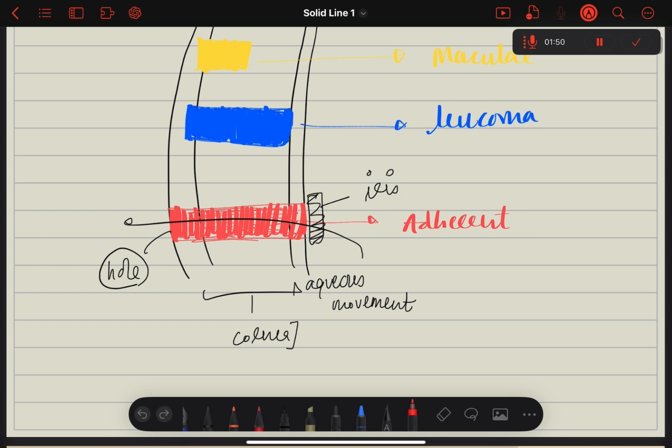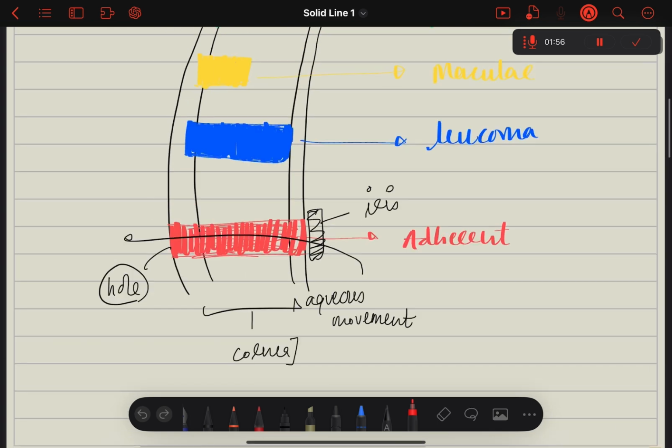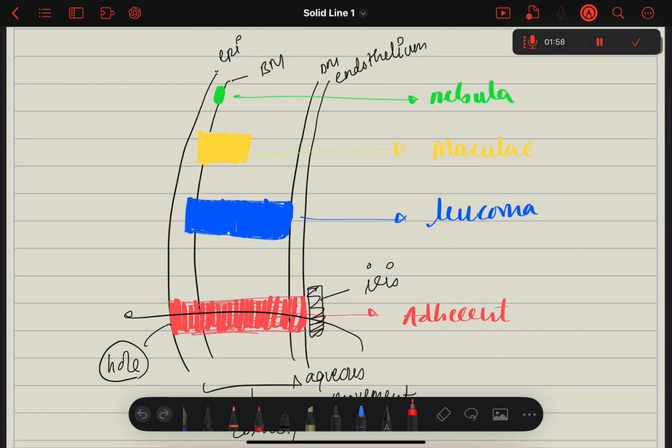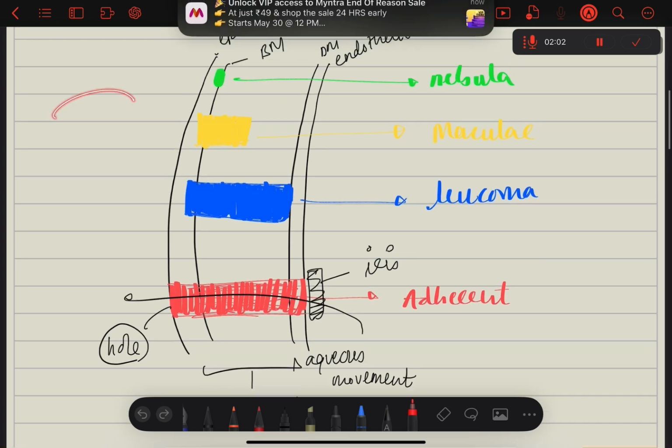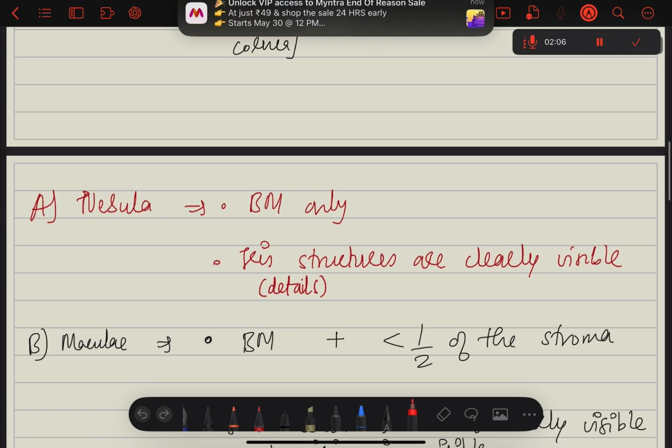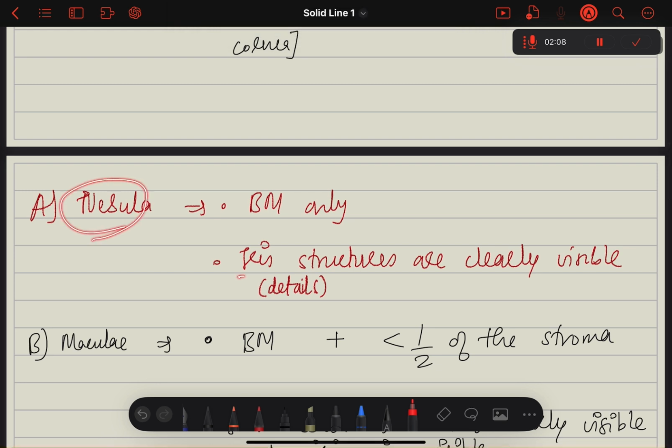Now, why we call it adherent, we will come to this in a moment, but we will start with how these are seen when we are seeing the eye. So when we see the eye from the front, what can we see? Now in nebula, iris structures are clearly visible.